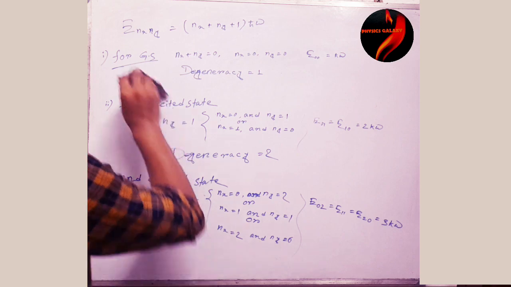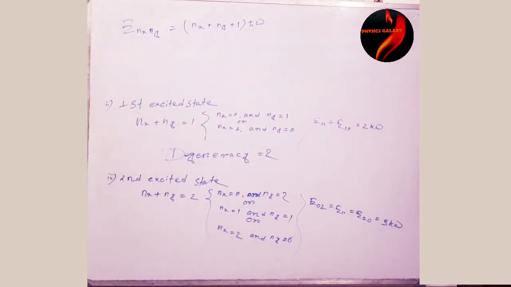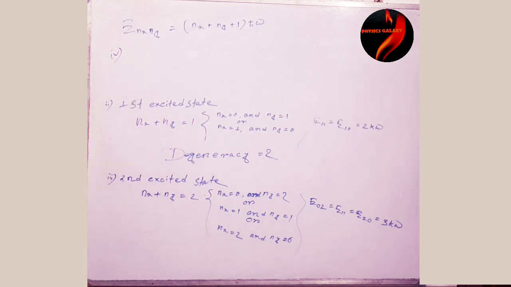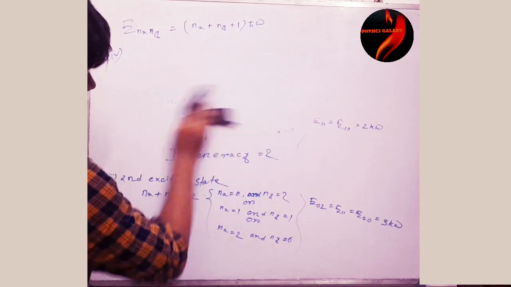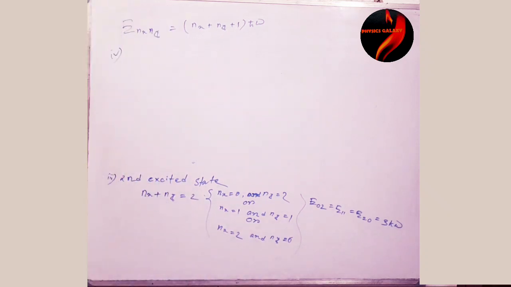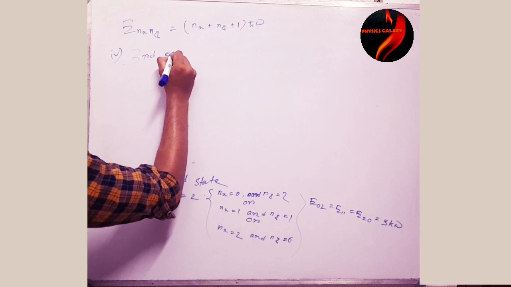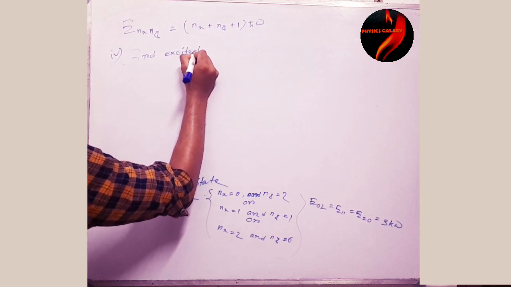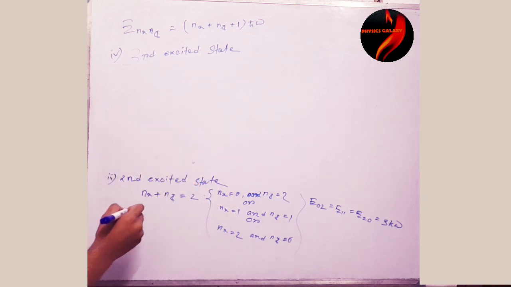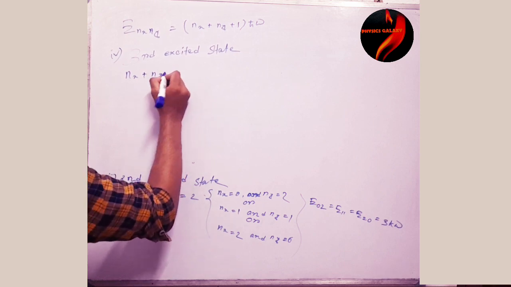And last, the energy and the degeneracy of the third excited state. For the third excited state, we know that nx plus ny should be 3.